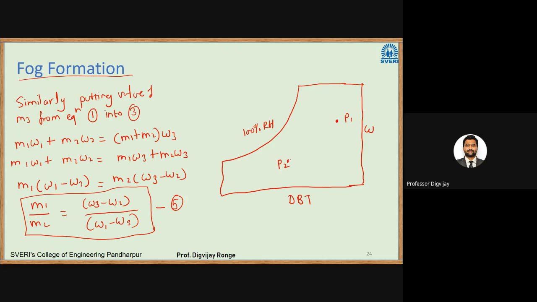These are the two streams. Then when these two streams combine with each other, we'll get a point P3. So P1 is at mass M1, H1, W1, then P2 is at M2, H2, W2. Then we'll get a final point, that is M3, H3 and W3. Okay, this is the case of adiabatic mixing.